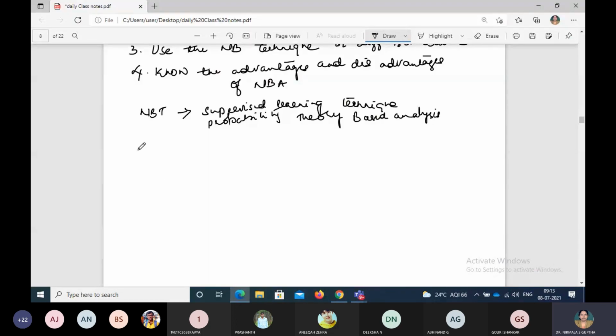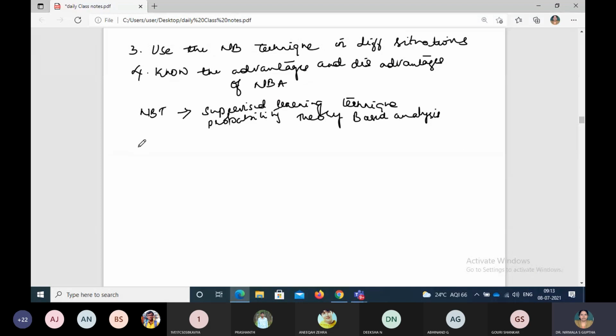Let us come back to the topic. We are already learning the machine learning algorithms or machine learning techniques. So again, this naive-Bayes technique or naive-Bayes analysis is a machine learning technique.